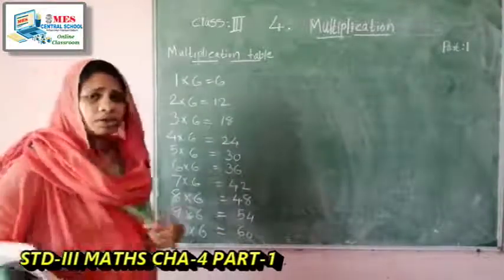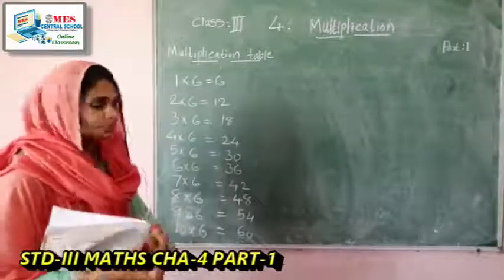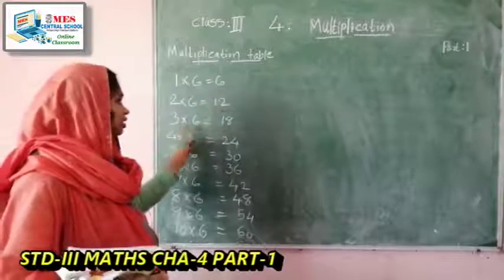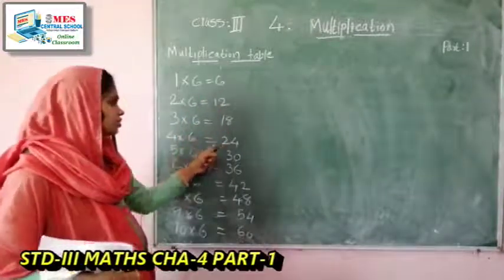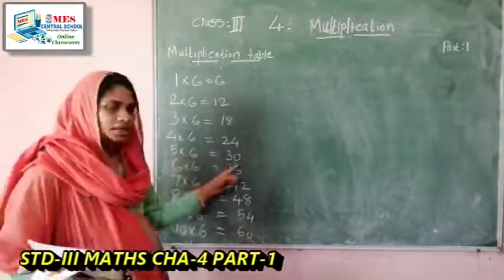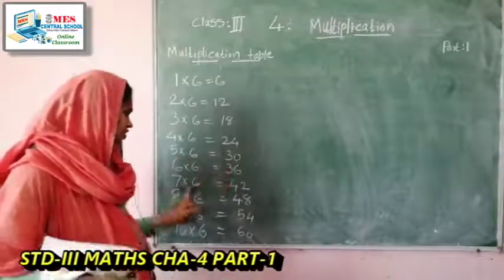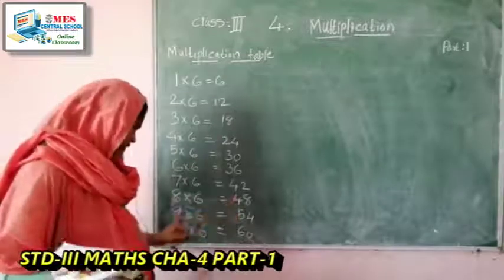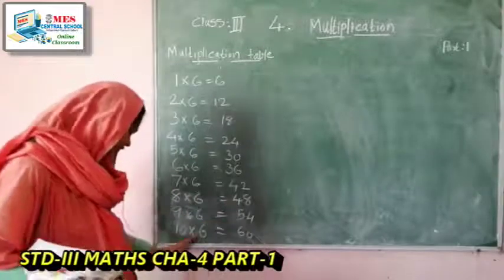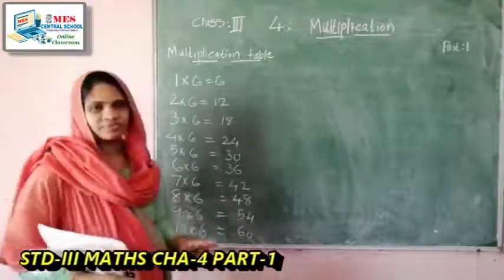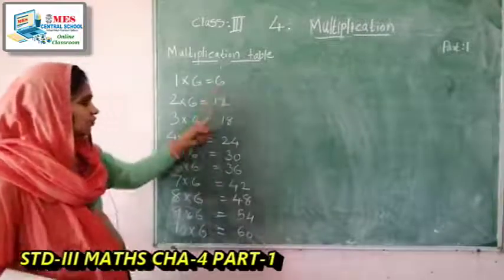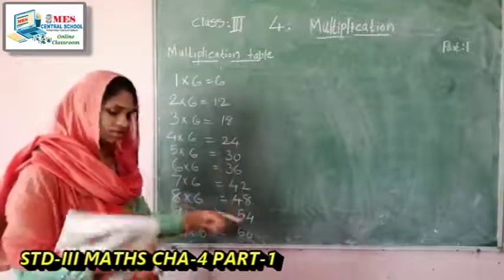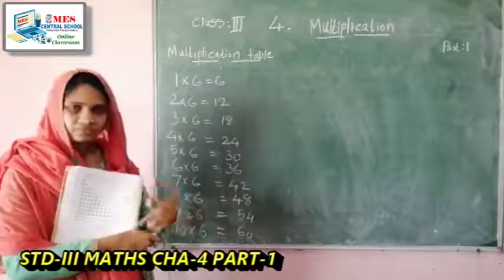Just recite all the table and study the tables also. 1 6 6, 2 6 12, 3 6 18, 4 6 24, 5 6 30, 6 6 36, 7 6 42, 8 6 48, 9 6 54, 10 6 60.